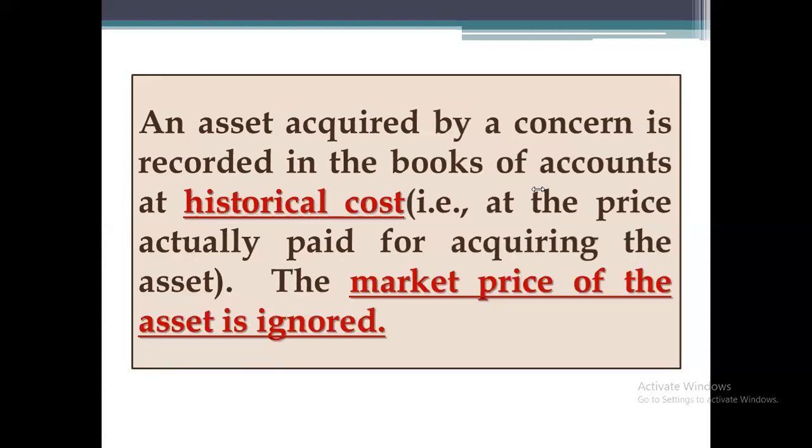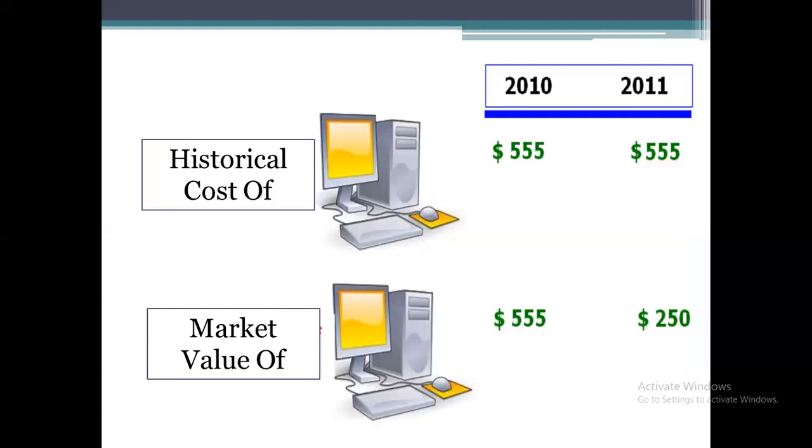So every year I'll reduce my asset by 10%. The 10,000 I'll record as depreciation, which is a kind of expense I'm showing in my books, even though I'm not paying it. So this is the benefit of this. This is just an example for you guys to take a look. Self-explanatory, I would say.